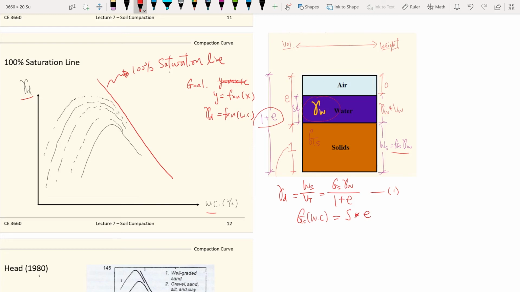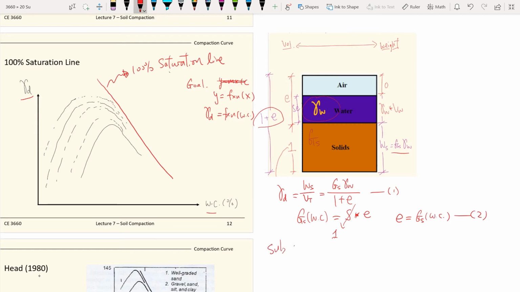And this is the 100% saturation line, so S is equal to 1 because saturation is equal to 100%. So the void ratio is equal to G sub S times the water content. This equation is equation two.